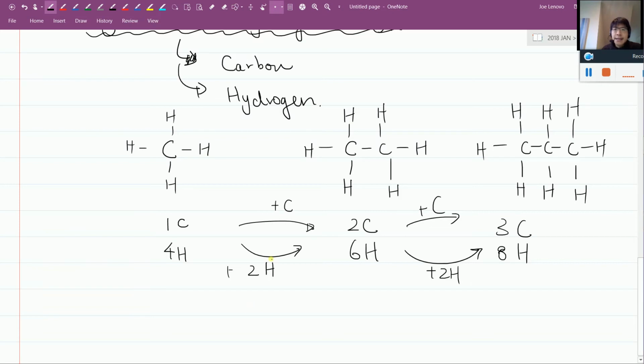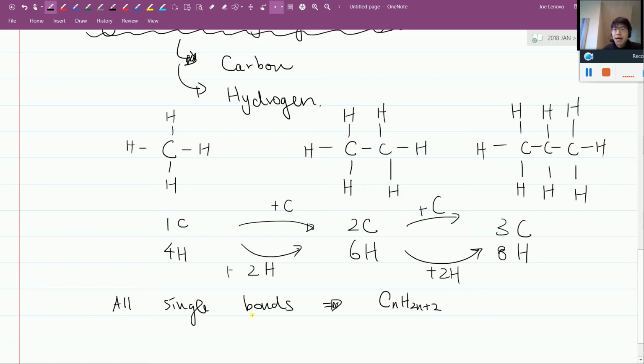In this particular situation, they're all single bonds. When there are all single covalent bonds, the formula for that is CnH2n+2. So every single time, the number of hydrogens is 2 times the number of carbons plus 2.